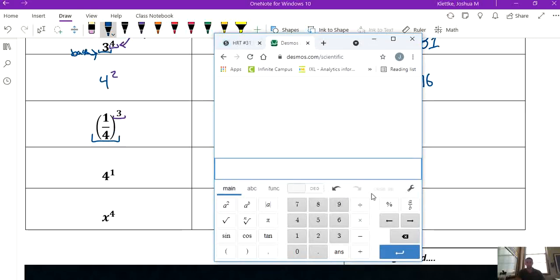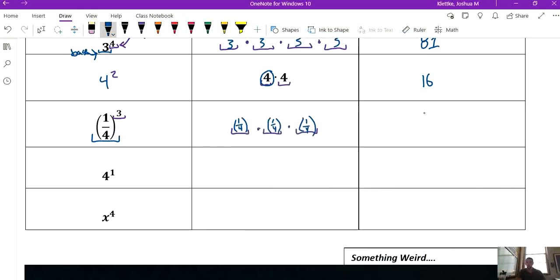To evaluate it, I'll go to my calculator. We have 1/64.